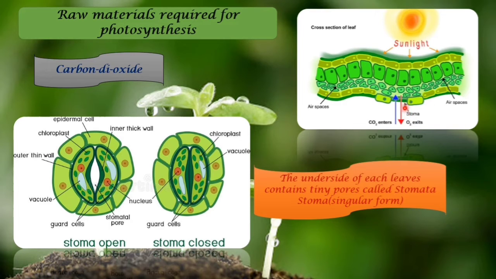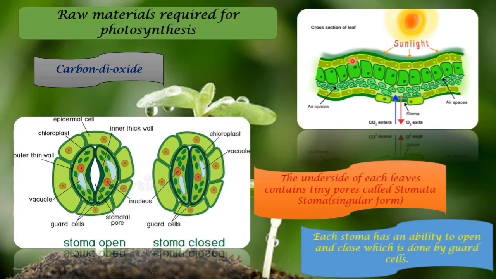So this stoma opens, carbon dioxide enters and oxygen is given out, and there are some air spaces seen here. All right, and this is exactly the cross section of the leaf, a microscopic view of the cross section. Each stoma has the ability to open and close by the guard cells, as I said earlier.